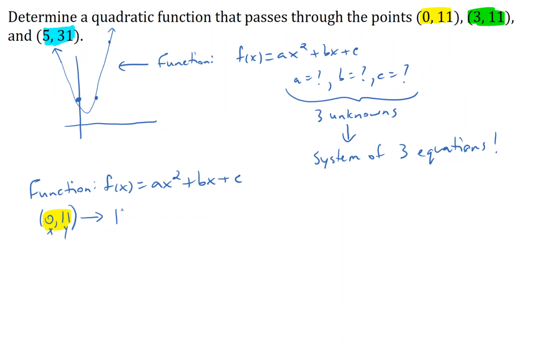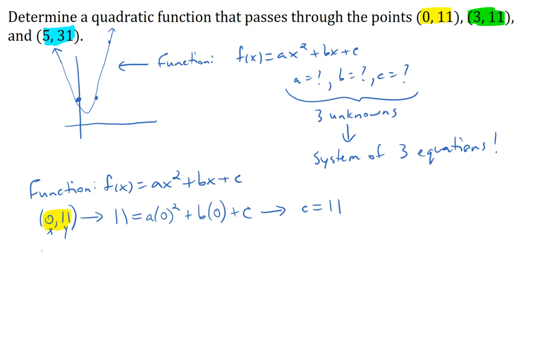Y is 11, so f of x, y is 11, equals a times x squared, x is 0, plus b times x is still 0, plus c. And so if we simplify this equation down, we get the equation c equals 11. So there's one equation.